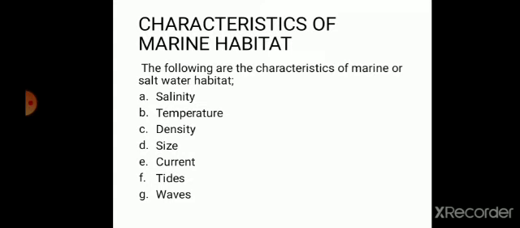Then we have the size. Marine habitat represents the largest of all the habitats. The ocean occupies over 70% of the Earth.